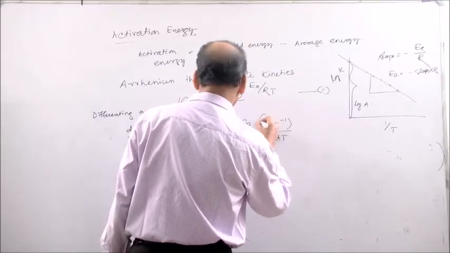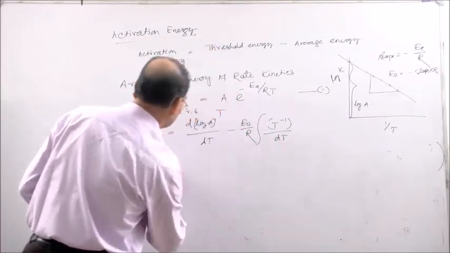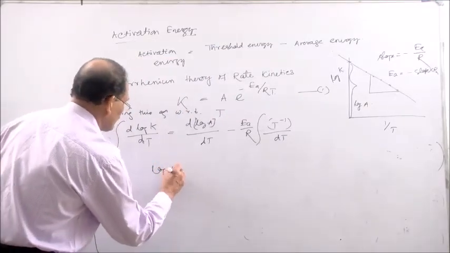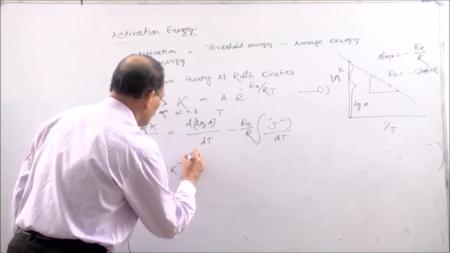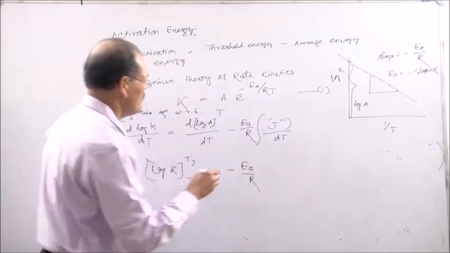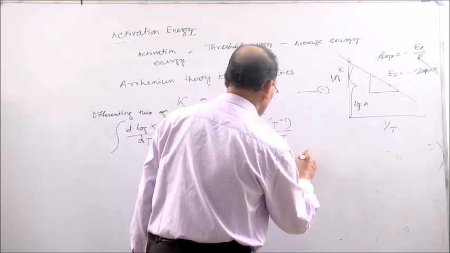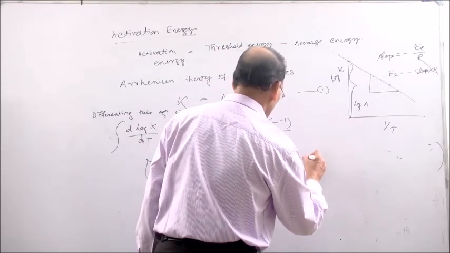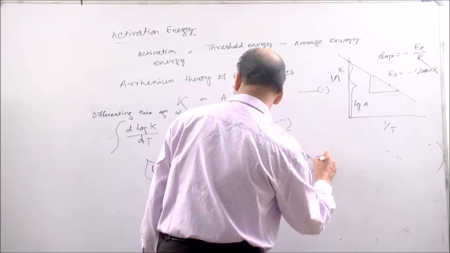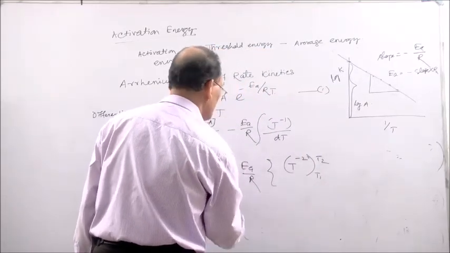Now integrating both sides, we obtain log k from T1 to T2 equal to minus Ea by R, integration of T to the power minus 2, from T1 to T2, with corresponding values K1 to K2.